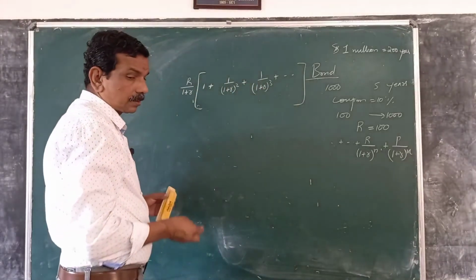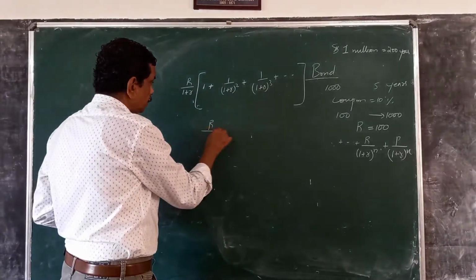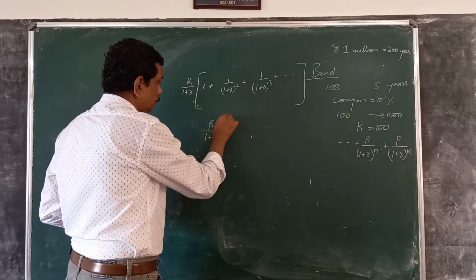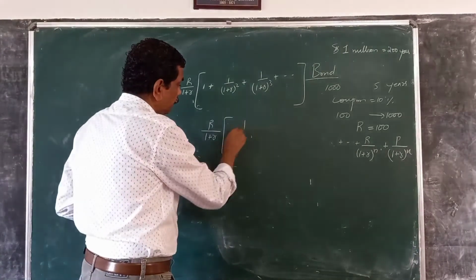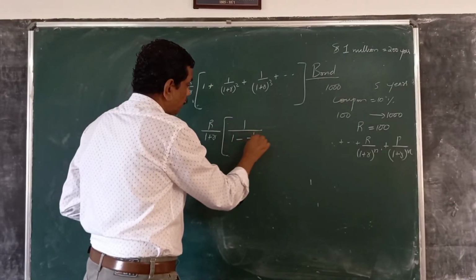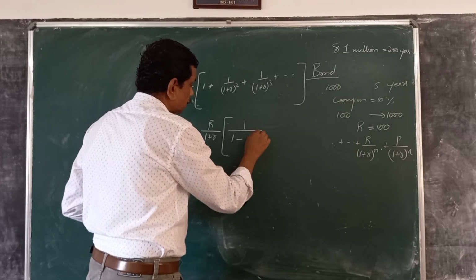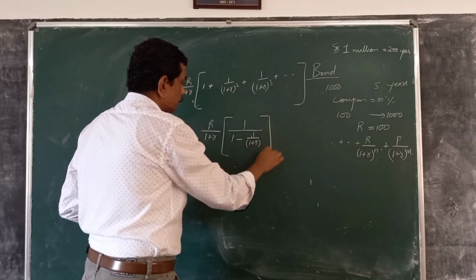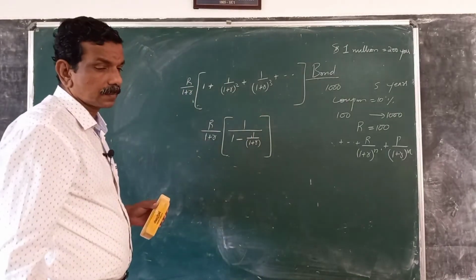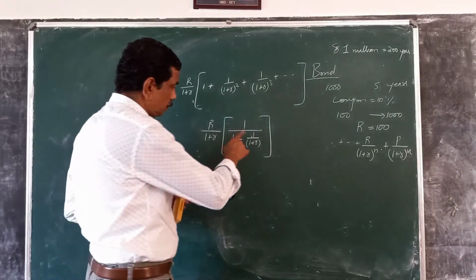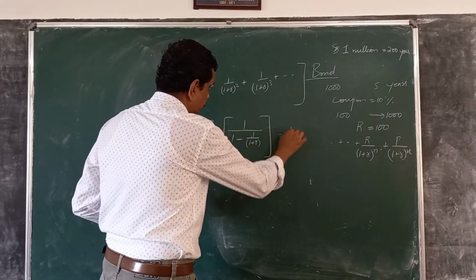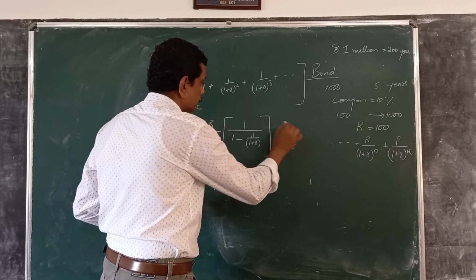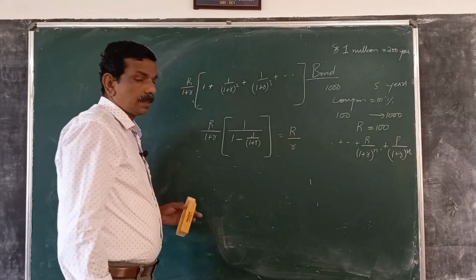So this reduces to R by 1 plus i into 1 by 1 minus 1 by 1 plus i. Taking LCM here and solving, you will get it as R by i.